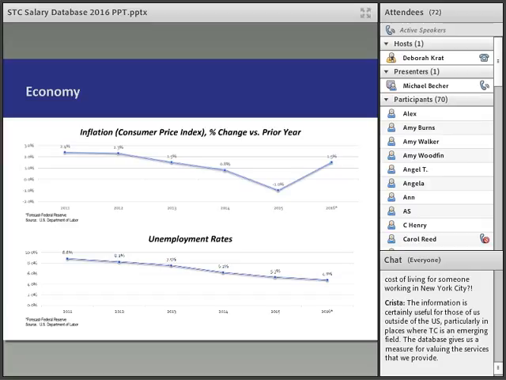You can see in 2015 we had a -1% inflation, which basically translates into, in 2015 you could buy basically the same amount of things for slightly less than you could in 2014.